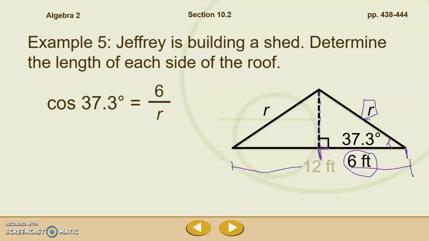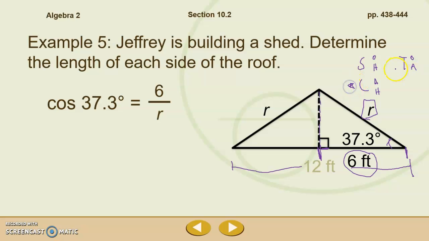In case you're ever thinking, well, how do I know what trig ratio I need to use? Think about what you know. In relationship to this angle, the angle that I know, I know the adjacent side. And in my trig ratios, let's write this out, SOH CAH TOA, 2 of them use an adjacent side.